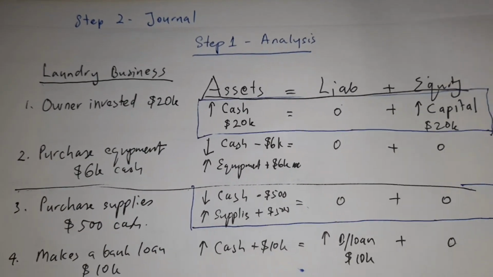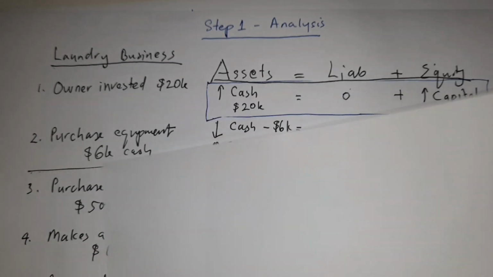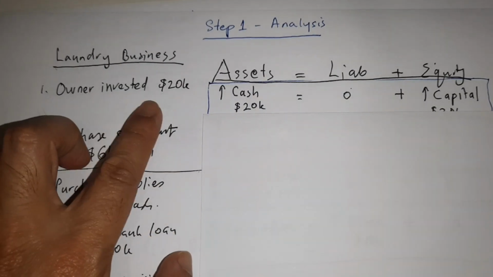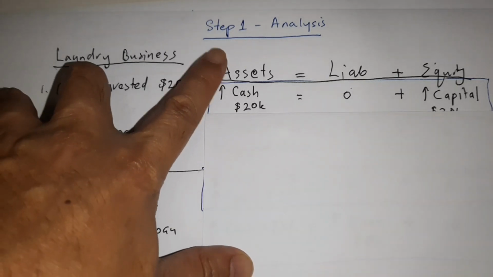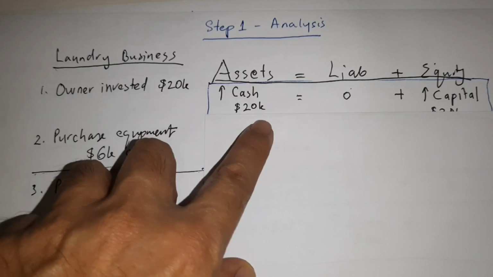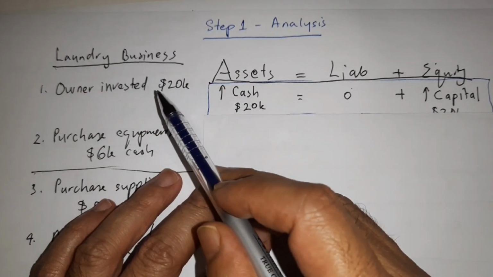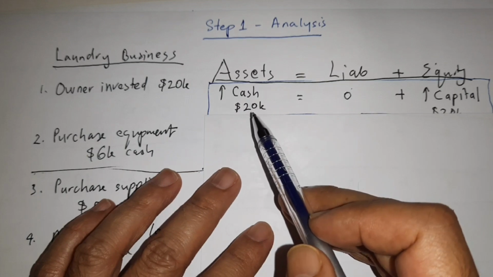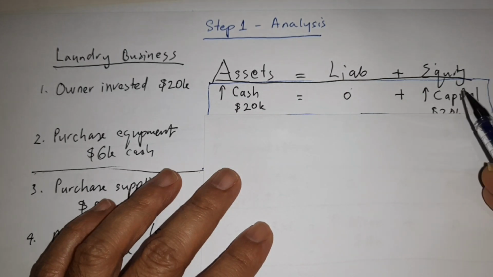Okay, so the situation is like this. Let's say this is your business, and this transaction happened. When this transaction happened, you know you have to start the recording process. You do step 1. You analyze the business transaction. From your analysis, the effect of this transaction on the accounting equation is asset cash increases 20,000, and the equity also increases.